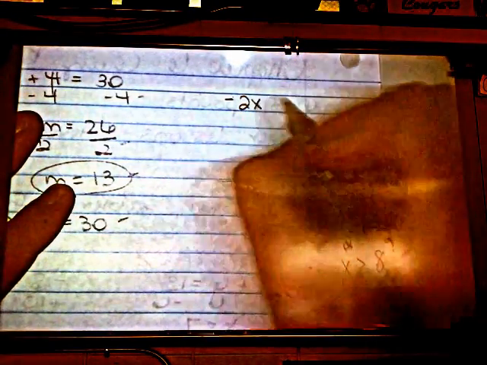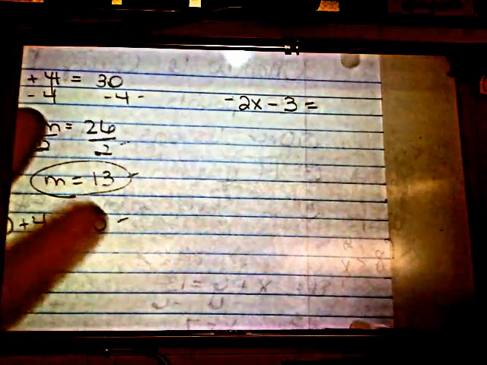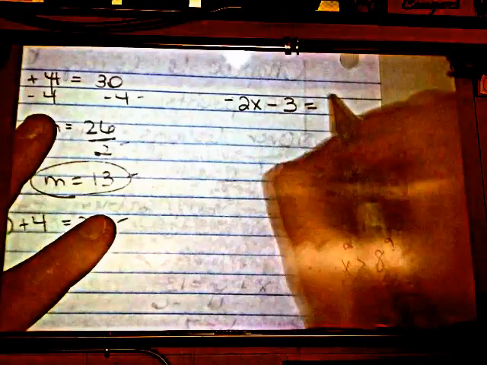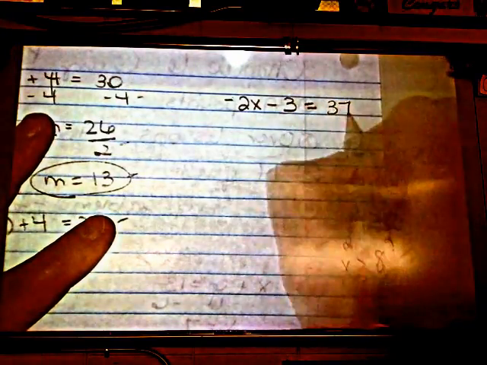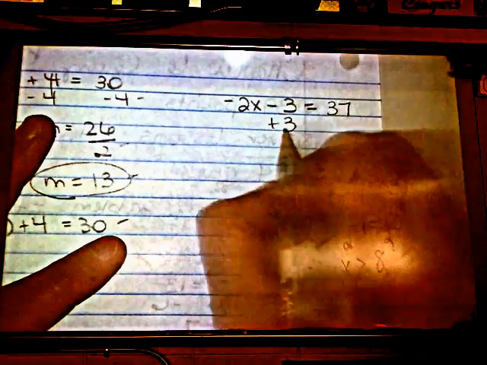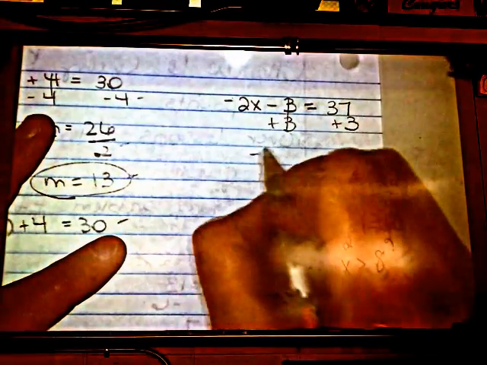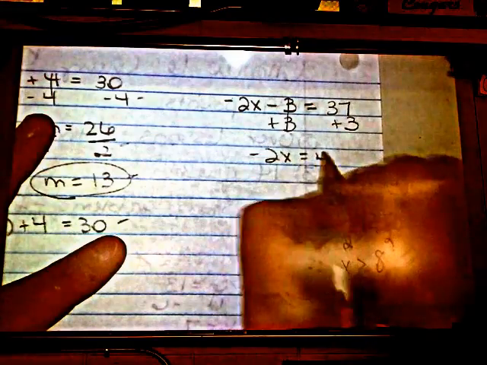Let's take a look at another example of a two-step equation. Negative 2x minus 3 equals 37. Okay, so when I take a look at this, I'm going to add 3 to both sides. The 3's cancel out. I have negative 2x equals 40.